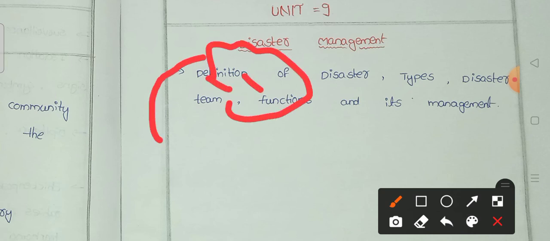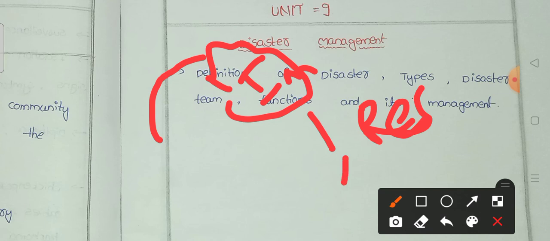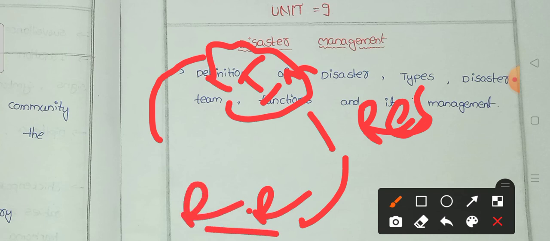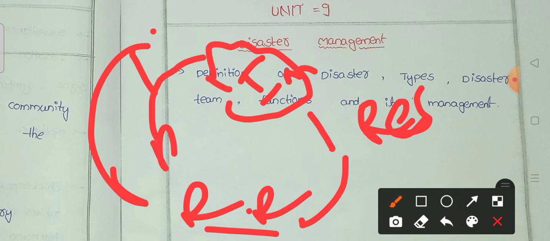Next, response. Next, response, rehabilitation, reconstruction. Okay, next one is preparedness. Next, recovery. These are all the things, before disaster, after disaster.